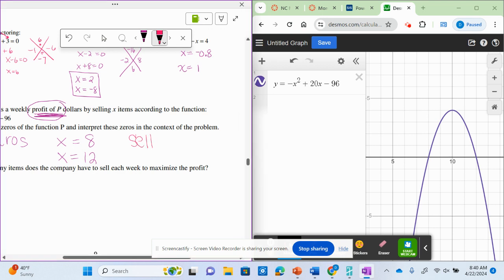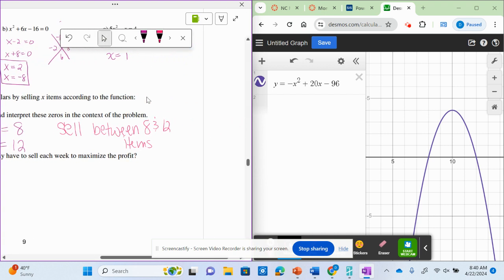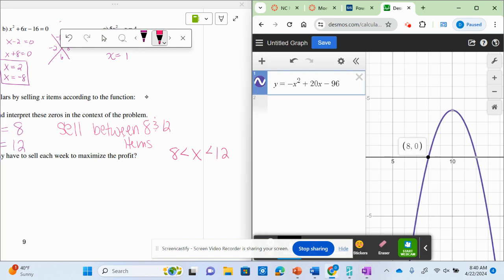So they have to sell between 8 and 12 items. Well, how do I show that? Well, I say 8 has to be less than x has to be less than 12. Somewhere like 8.1 is going to give me a profit, and anything less than 12 is going to give me a profit.